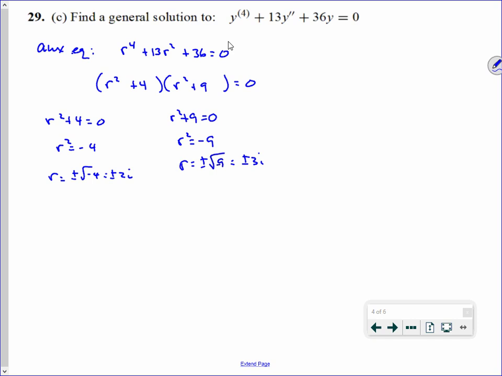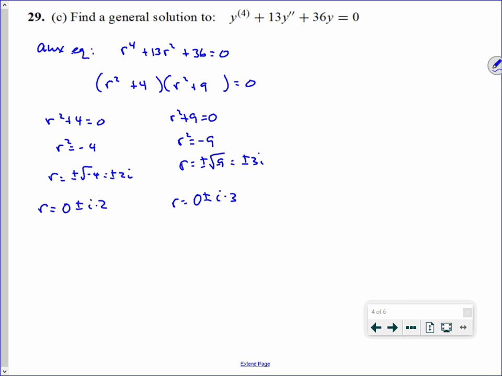Now, in terms of the complex numbers, both of these are purely imaginary, which means if you write them the way the book was writing the solutions, there was alpha plus or minus i beta.